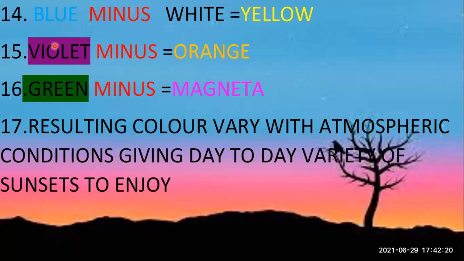If violet is subtracted, you get orange. And if green is subtracted, then magenta. The result is colors varying with the atmospheric condition, giving a day to day variety of sunsets to enjoy.